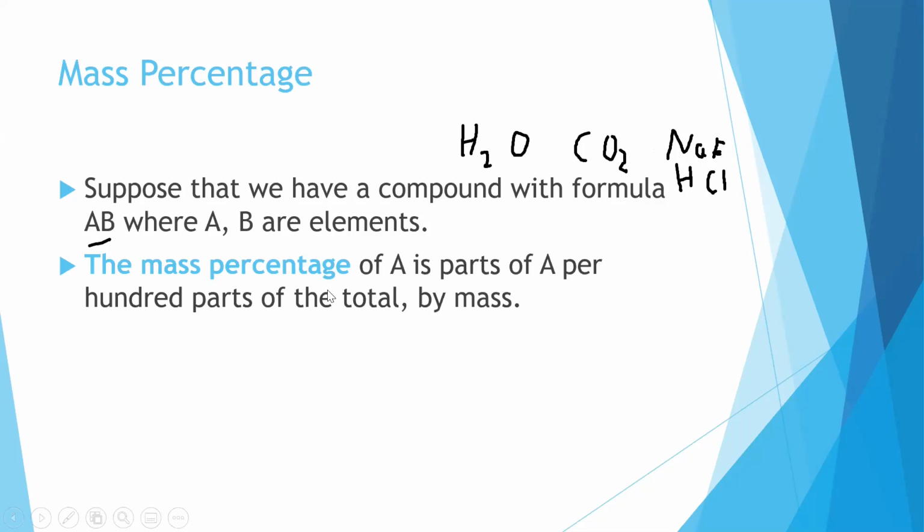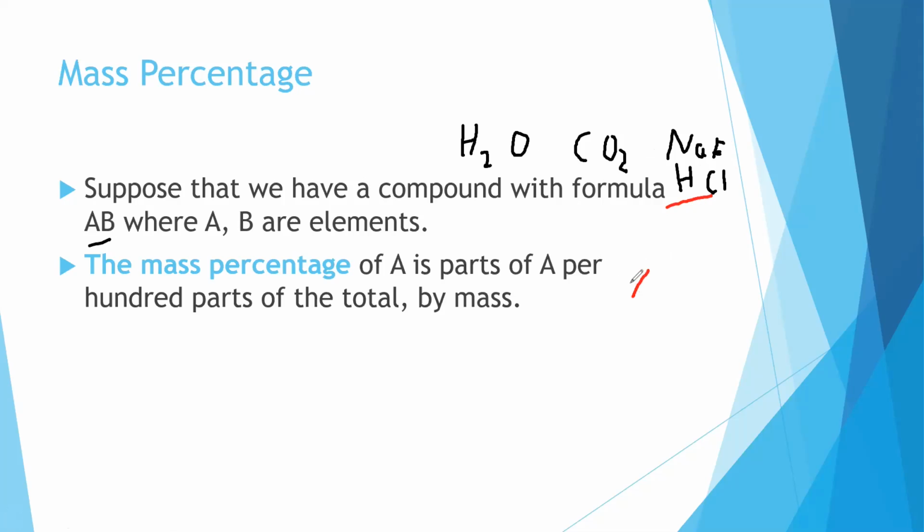So here's the textbook definition. The mass percentage of A is the parts of A per 100 parts of the total by mass. I know that might be a little confusing, so I'll break it down. Let's start with the HCl example.